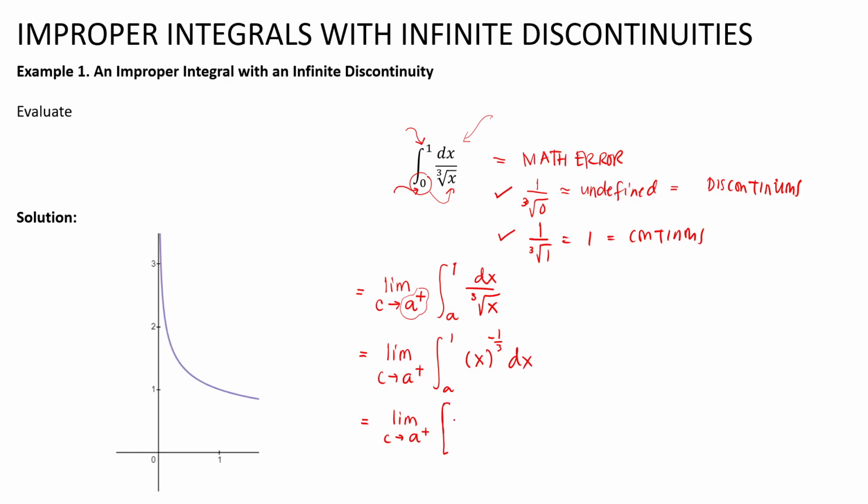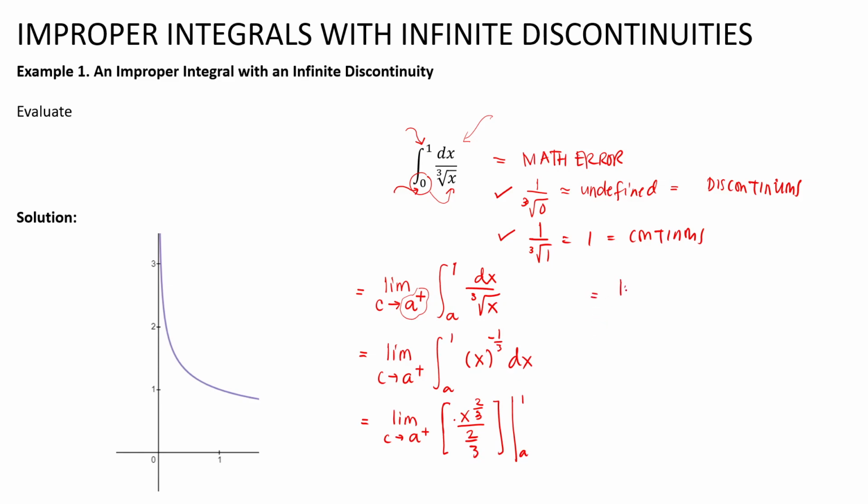Using n plus 1, negative 1/3 plus 1, that will be x to the power of 2/3 all over 2/3, and then the limit from a to 1.